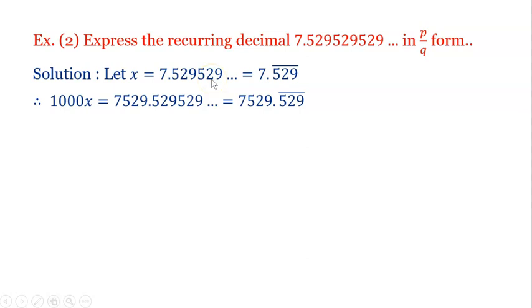7.529529... by 1000. Okay. And therefore x into 1000 gives 1000x, and if you multiply 7.529529... by 1000, then you will get 7529.529529.... Okay, and again this can be written like this, that is 7529.529 with a bar.